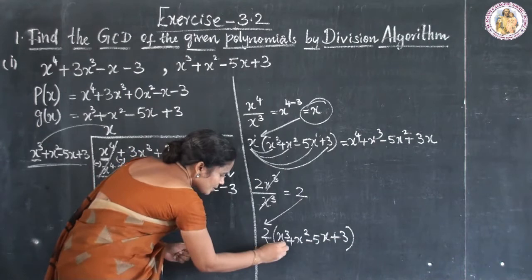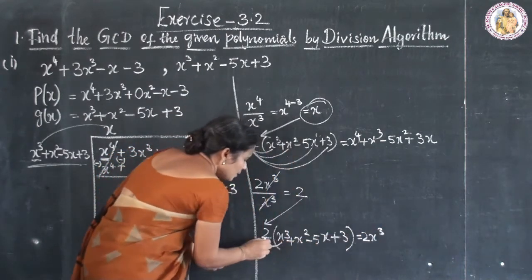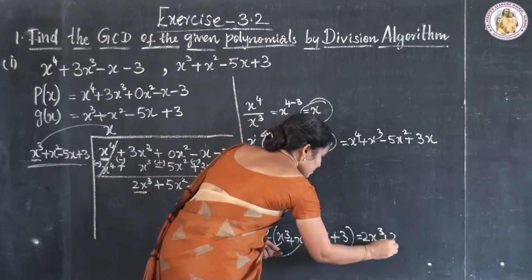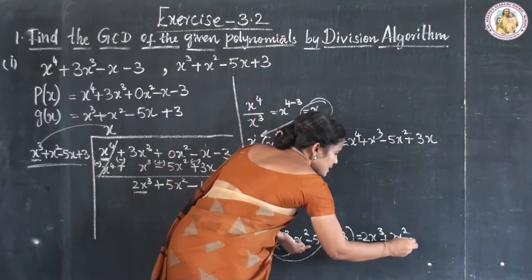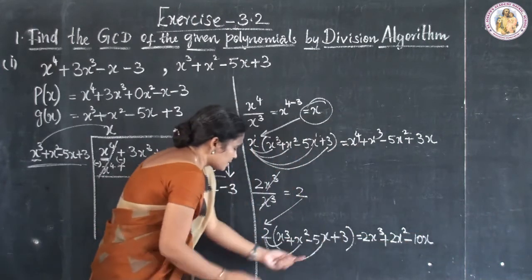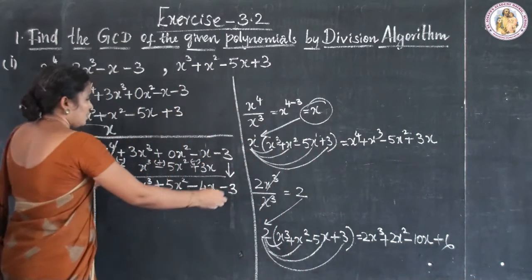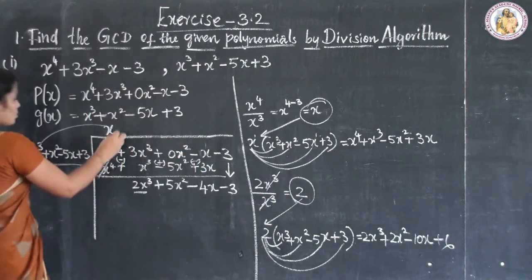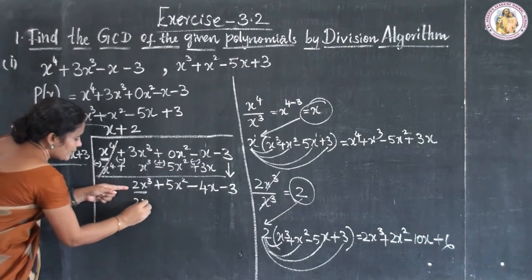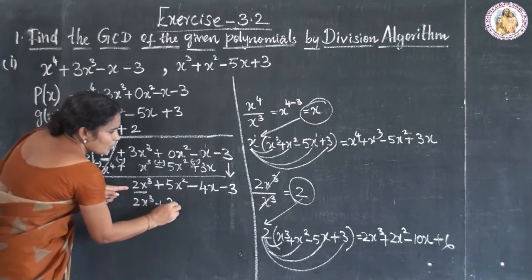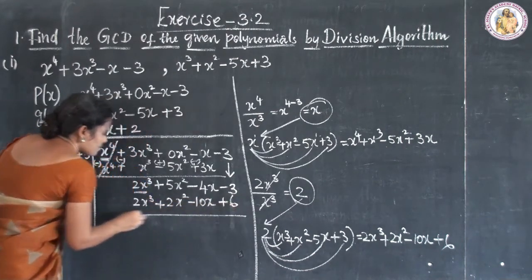Just multiply. 2 into x cube is 2x cube. 2 into x square, 2x square. And 2 into 5, 2 fives are 10, 10x. 2 into 3 is 6. Now write this 2 as quotient here, plus 2, and copy x cube plus 2x square minus 10x plus 6.